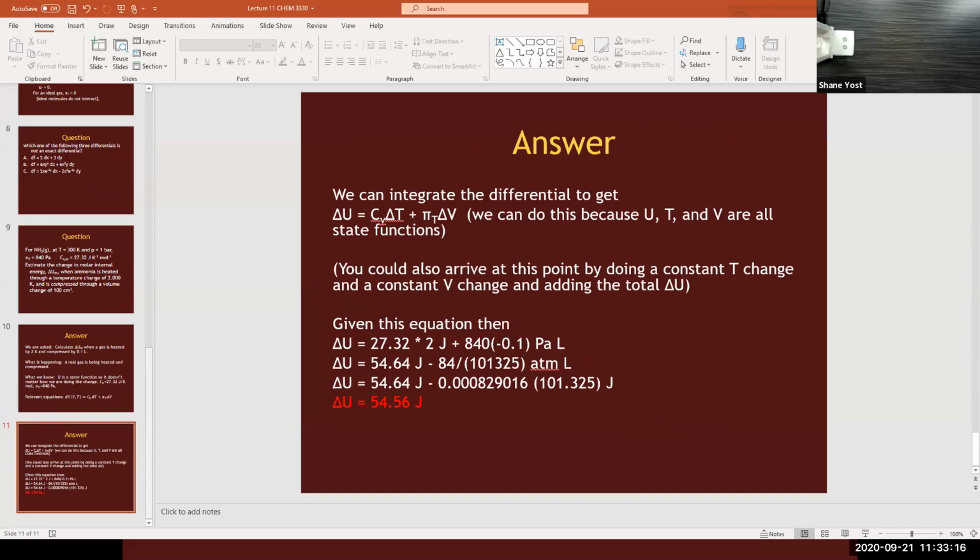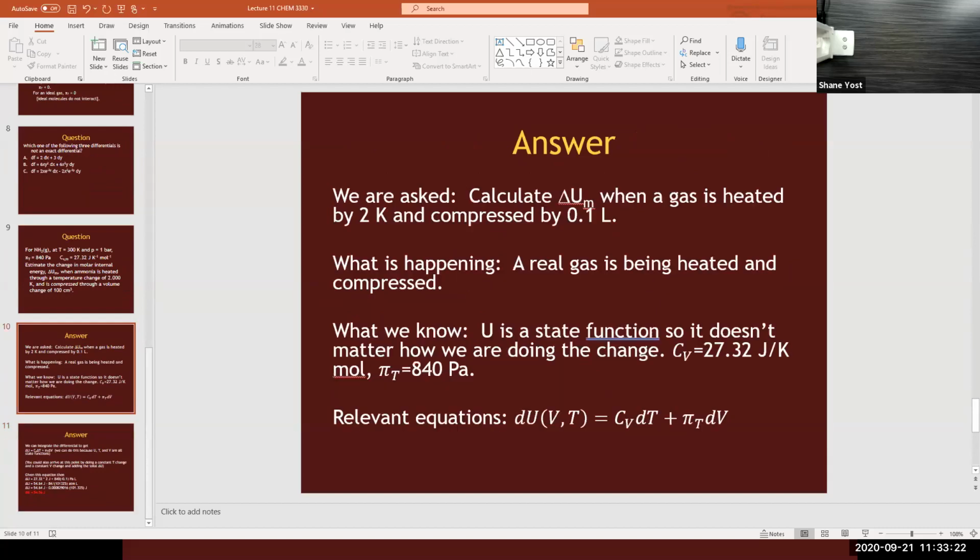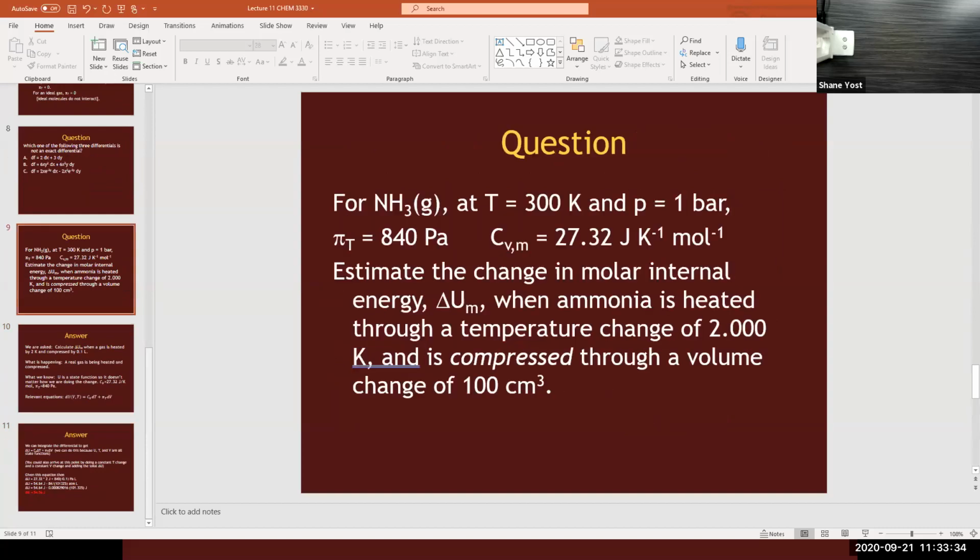So no, you don't need n here. Oh, but CVM is per mole. Okay, I see the confusion. So that should be CV comma M. Oh yeah, it's CVM. Sorry. Now I've confused myself.